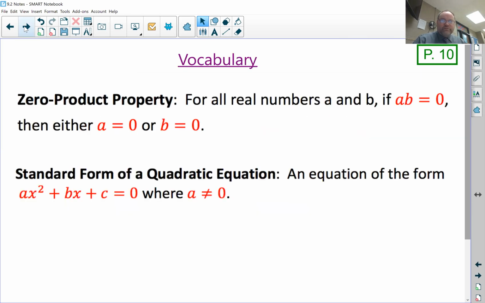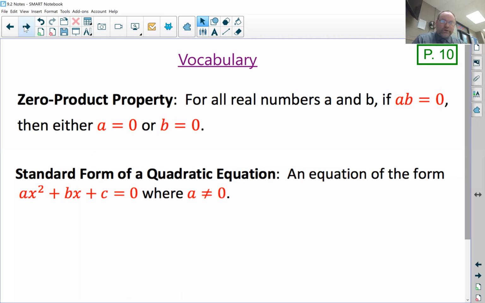One of the most important parts of solving quadratics by factoring is this thing called the zero product property. For all real numbers A and B, and for all expressions A and B, if A times B equals 0, then either A is 0 or B is 0.